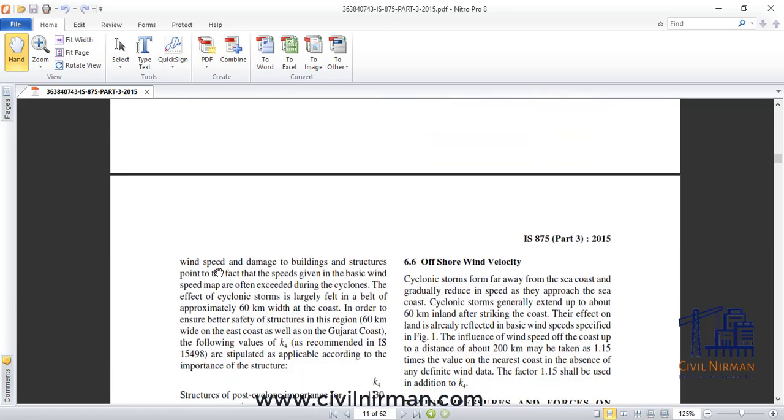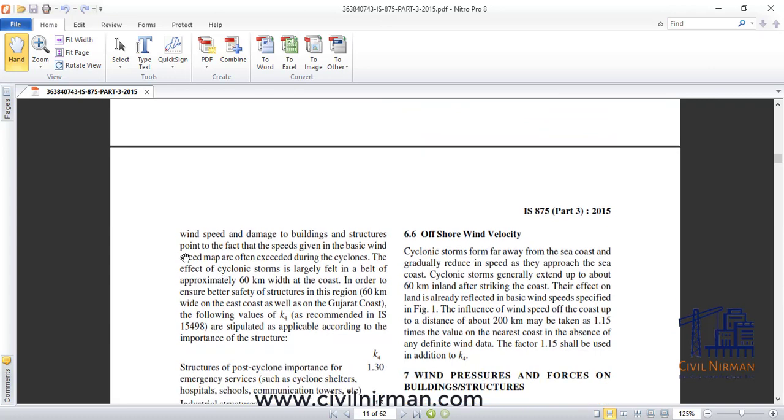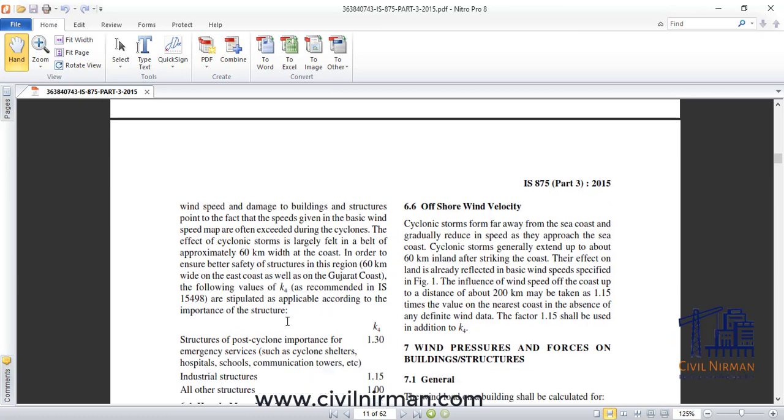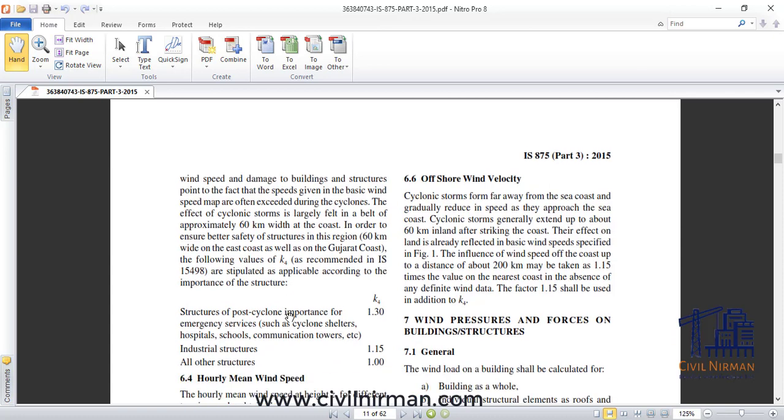Based on the study of wind speed and damage to buildings, the effect of cyclonic storm is largely felt in a belt of approximately 60 km width at the coast. In order to ensure better safety of the structure in this particular region, up to 60 km wide on the east coast as well as on the Gujarat coast, the following value of K4 is recommended.